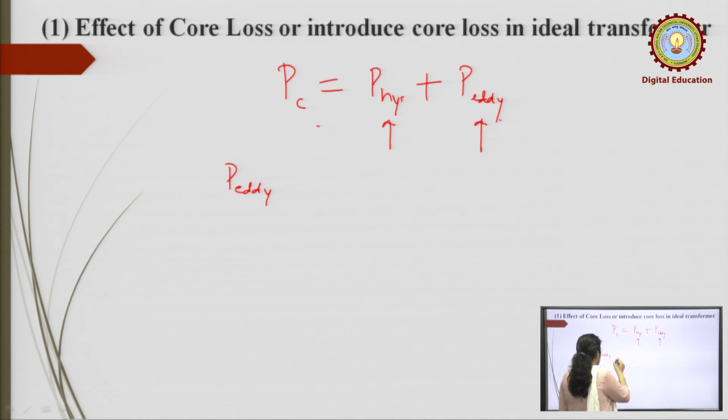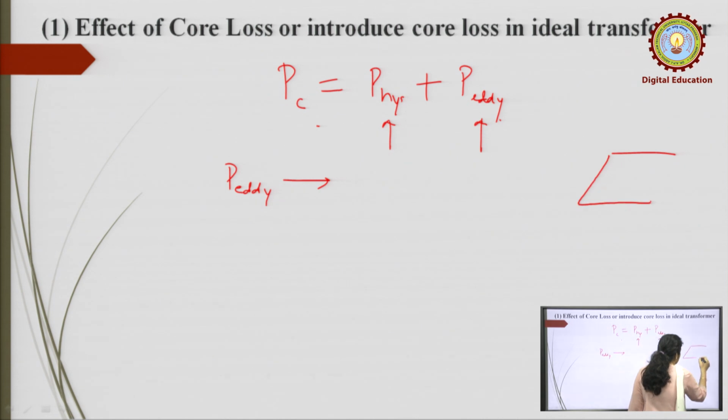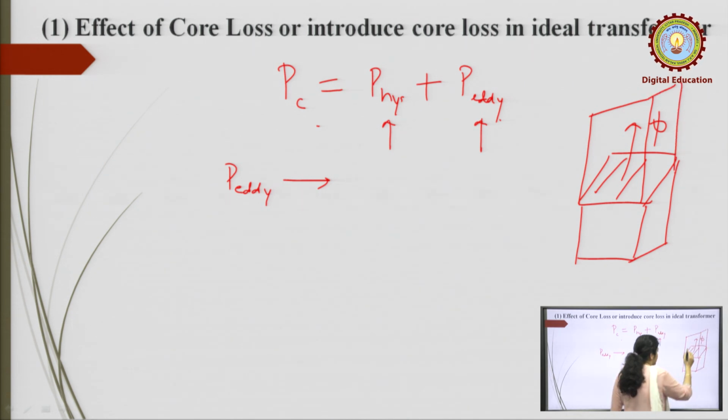So, eddy current losses. Because there is a changing flux in the core, suppose this is the cross section area of the core, this is the flux, and I have taken this one limb of the transformer core.